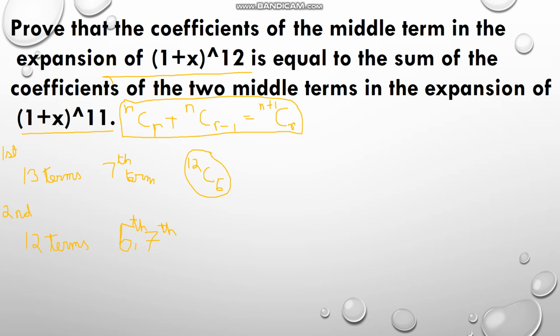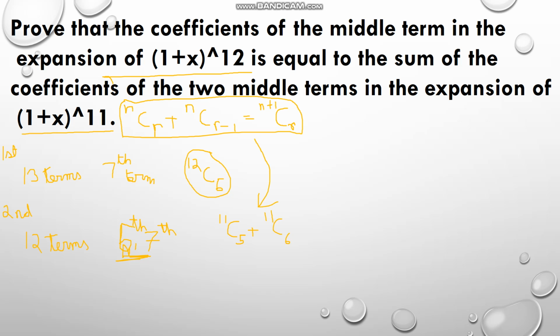Moving on. I was here: 6th term and 7th term. Let's find the 6th and 7th term. Power is given 11. 11C5. Then another term will be 11C6. Now this formula must be used here.